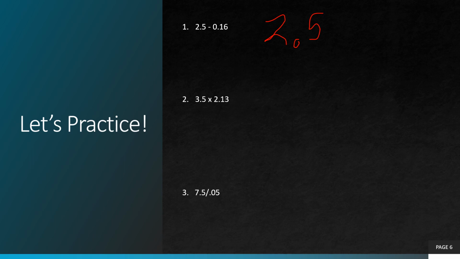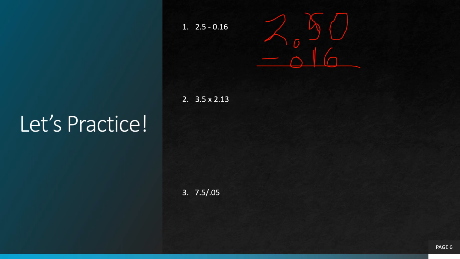And then we're going to make sure that we line up our decimals for these ones. We're going to put 0.16. So now you see that the 1 is going to be directly below the 5 because they're on the same part of the decimal placing. And so then just to make sure that we have everything lined up, we're going to put a 0 next to our 5. And then we're going to subtract everything.